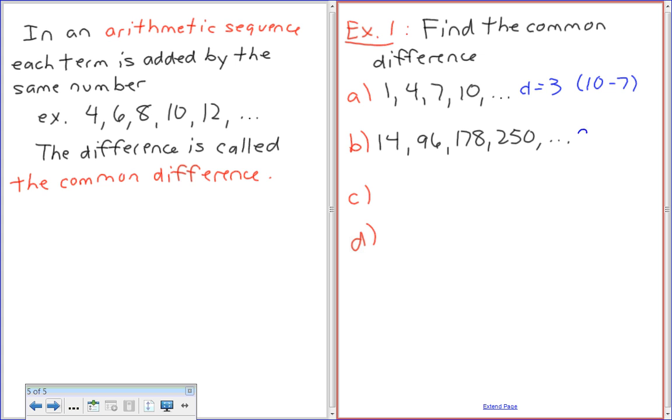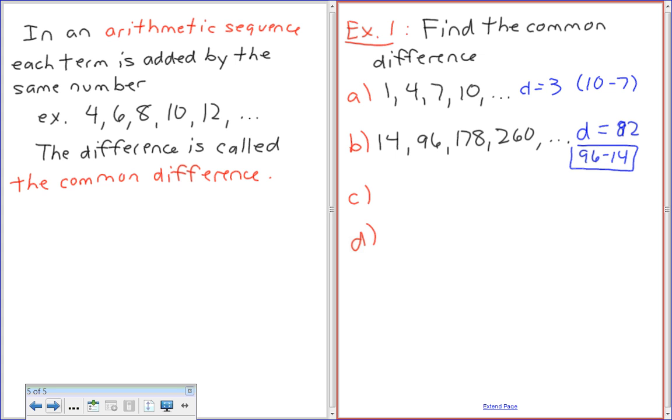Confirm that it's in fact 82. So 96 minus 14, B should be 82. My mistake there was a good comment for you guys. If you saw 14, 96, 178, and 250, it's not a common difference anymore.